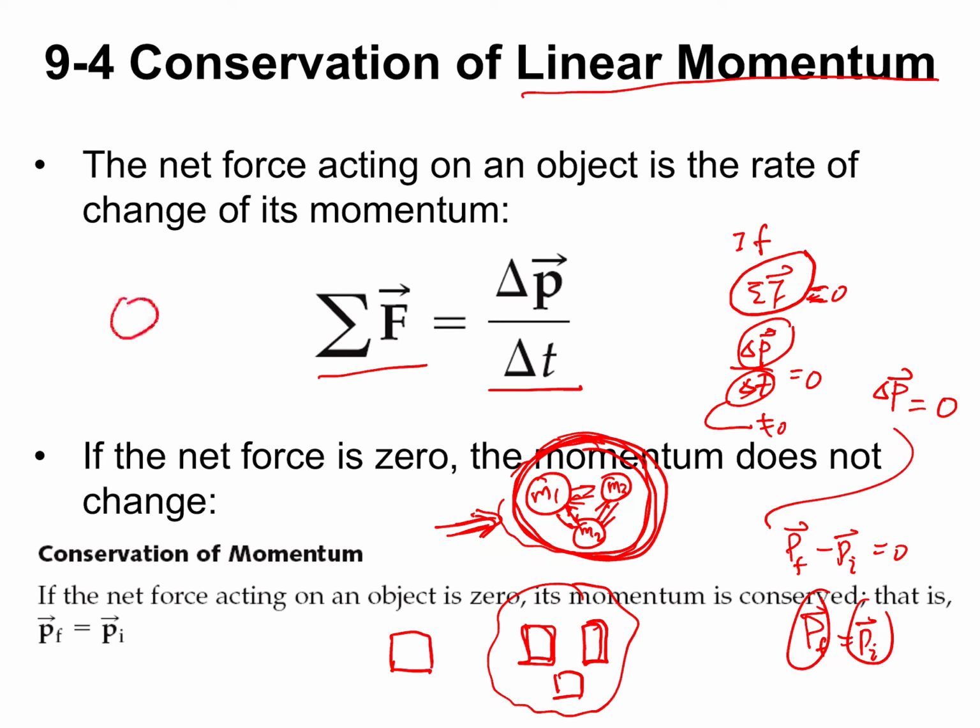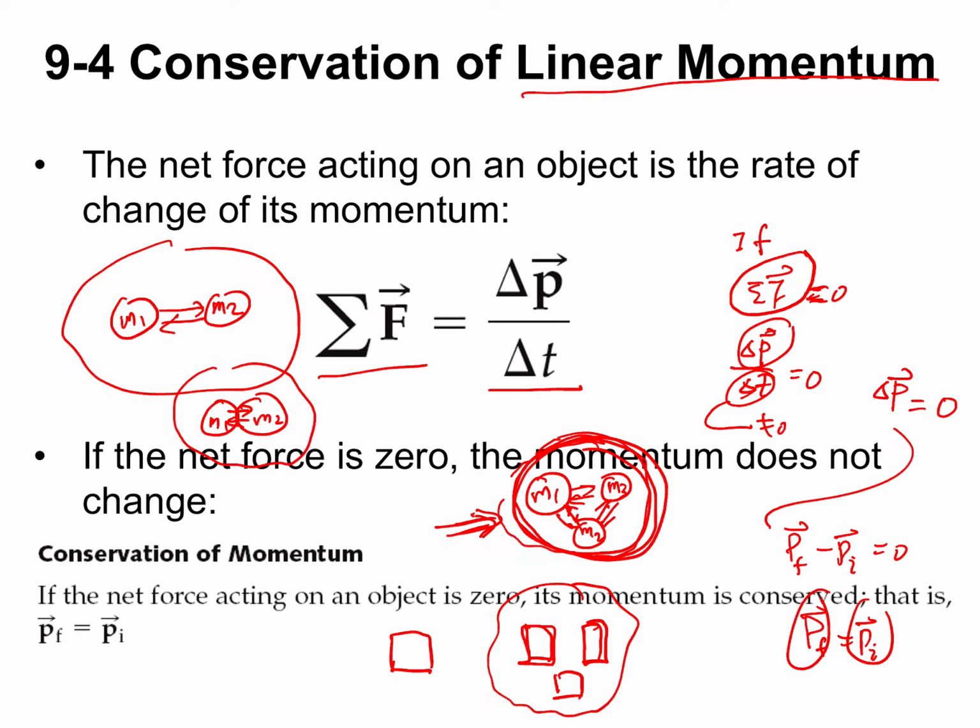The reason is, assume you have a system with only two objects, M1 and M2, and they interact with each other. Assume M1 and M2 bump into each other. During that interaction, M1 provides a force on M2, and meanwhile M2 provides a force on M1.